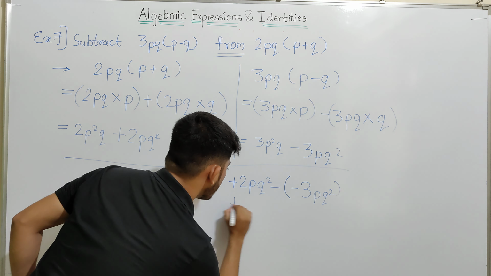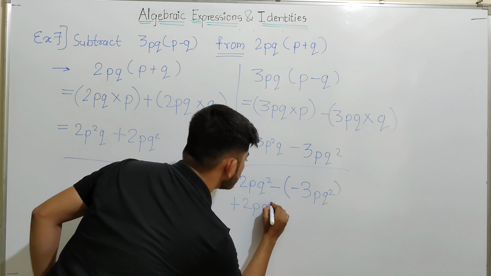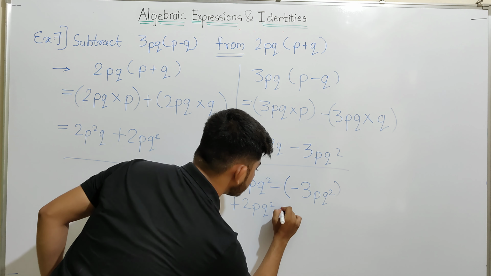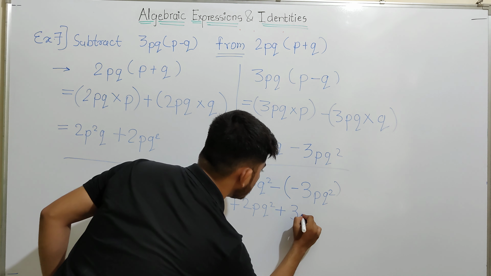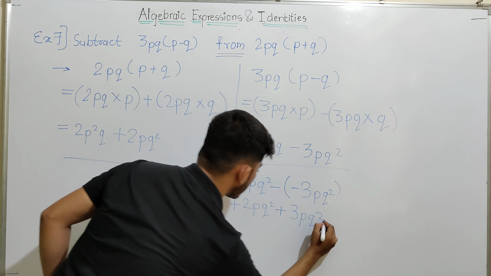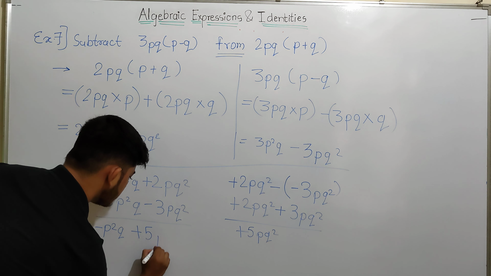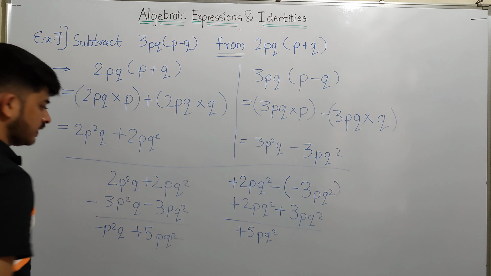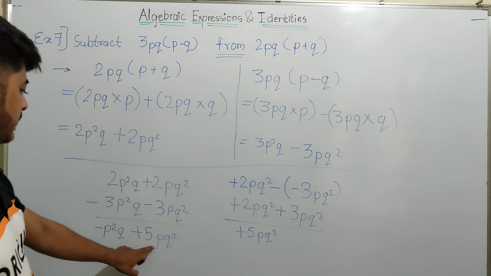See here, plus 2pq², minus into minus becomes plus, now 3pq². So 2pq² plus 3pq² is 5pq². So write plus 5pq².